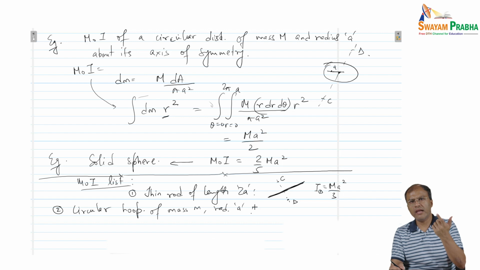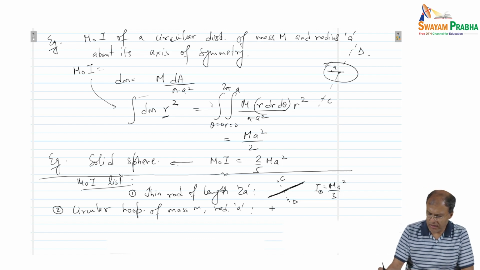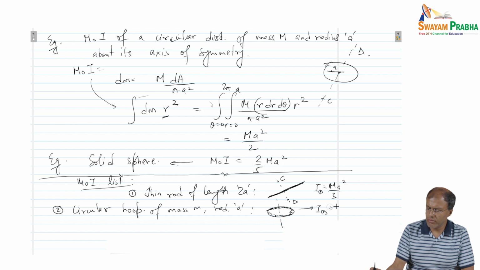So this will again involve a 1D integration because the mass distribution is only mass per unit length along the perimeter, right? So the answer is, again, along the regular axis of symmetry, I_CD is going to be m a square. We can do the integration. This is going to be a 1D integral.